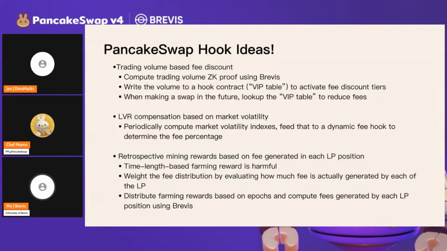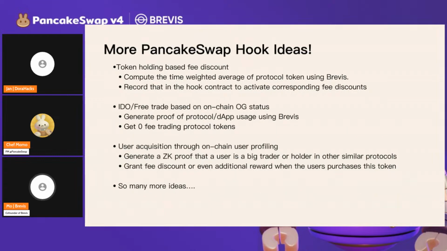So you can essentially distribute the farming reward based on the amount of fee generated instead of the time length, which increases the pool efficiency hopefully as well. And if you are a protocol builder and you want to incentivize DEX liquidity and DEX trading volume for your protocol token, what you can do is to say, okay, if you're already a holder of our token, it means you obviously have a very clear use case to buy and sell these tokens.